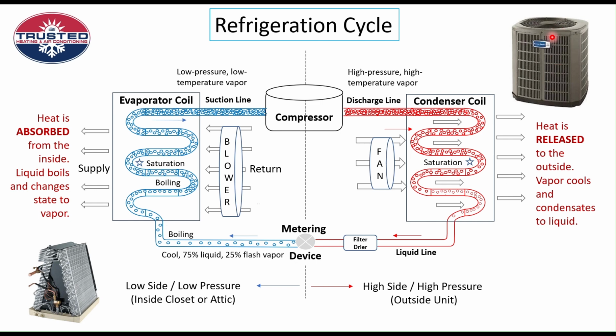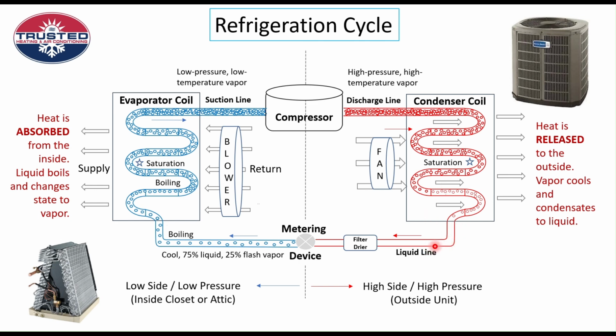A lot of people think that air conditioning is inserting cold air into your house, but it's actually removing heat. Even though this line is cold, this is actually heat being carried from your home and rejected to the outside.